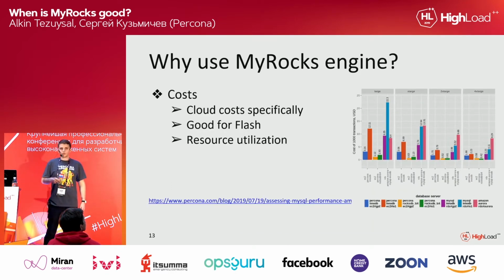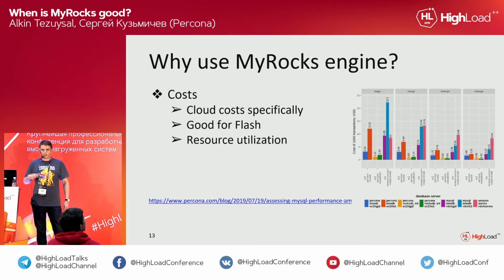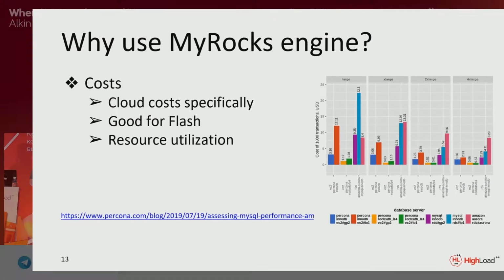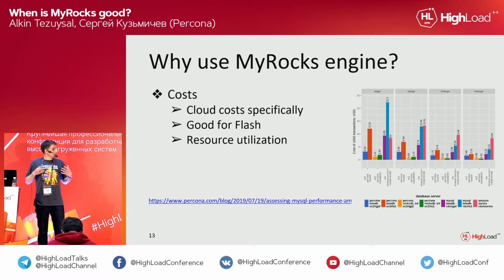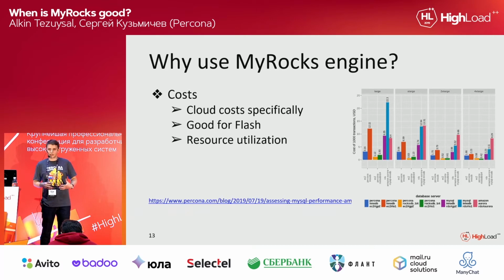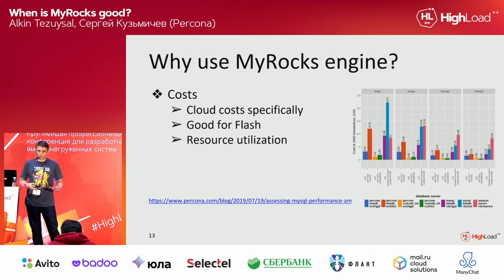Facebook introduced MyRocks to save on costs. They had a significant issue in that their database was huge, and they wanted to use their machines more efficiently, but they were constrained by the size of the data. When using MyRocks, they could fit more databases on the same machines.